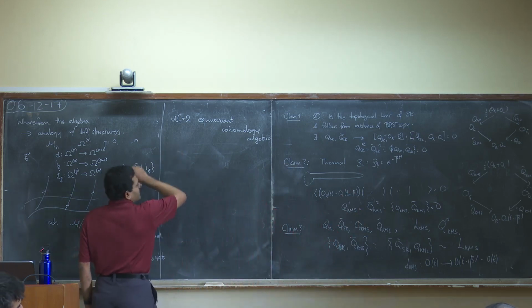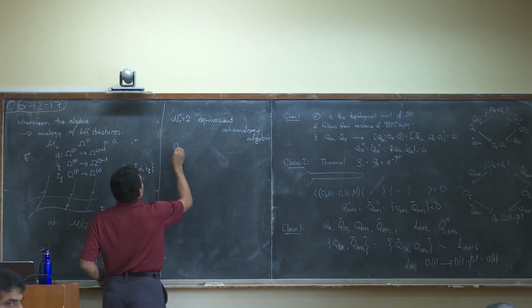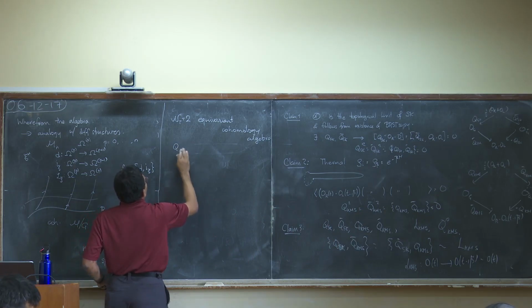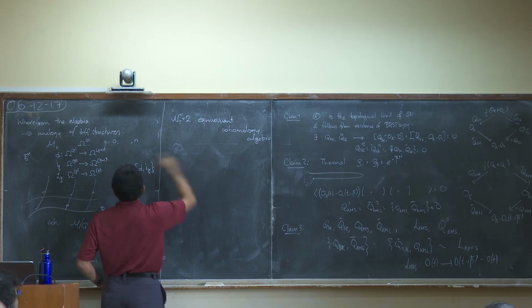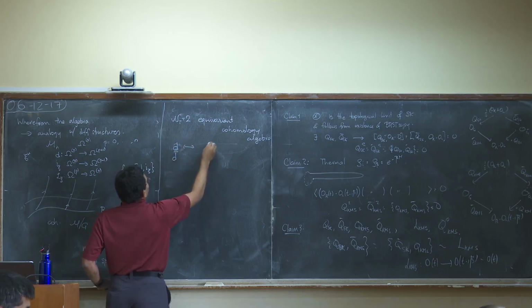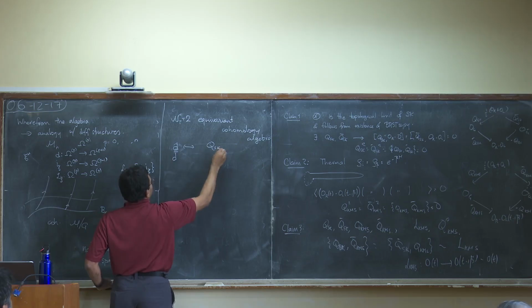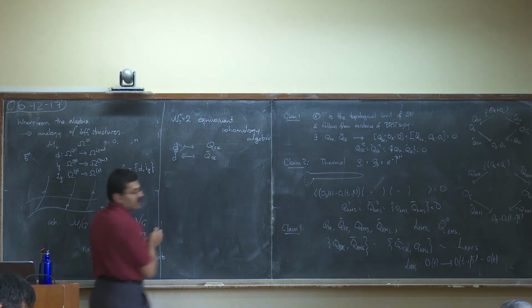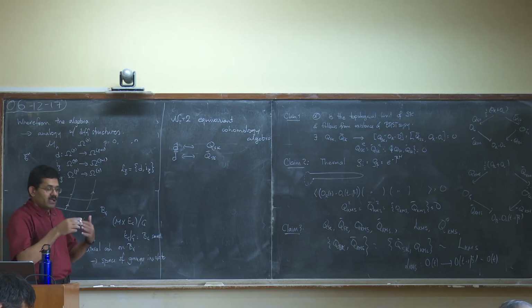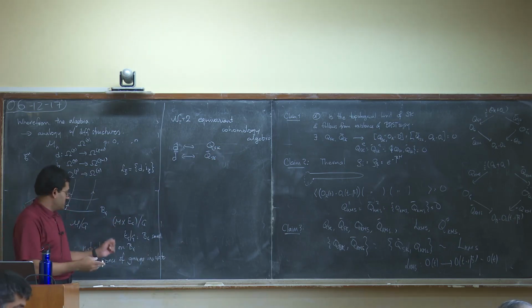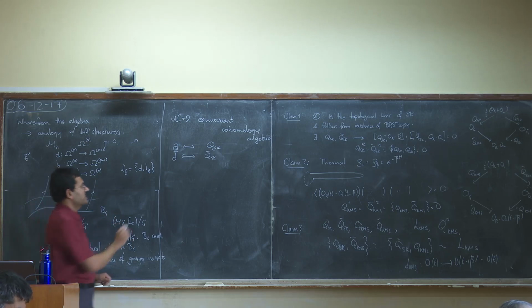So what we're going to have are a set of charges, a Q, a D and a D bar, and for reference to that side of the blackboard, think of them as Q S K and Q bar S K. And there's a gauge symmetry that's acting, which is this G. I'm yet to tell you what that is.